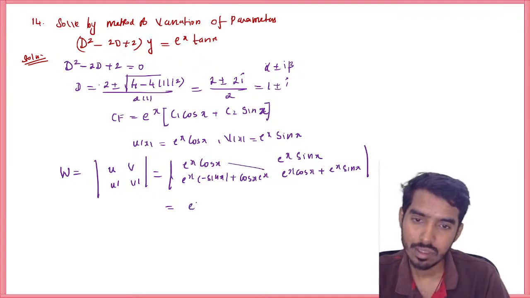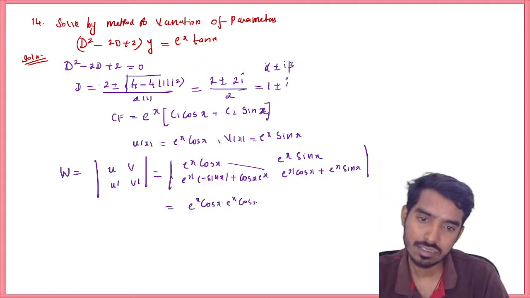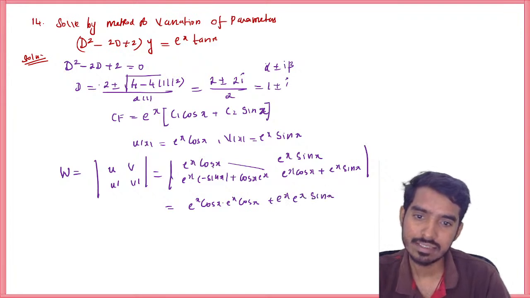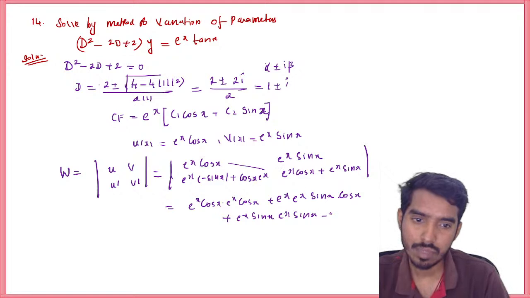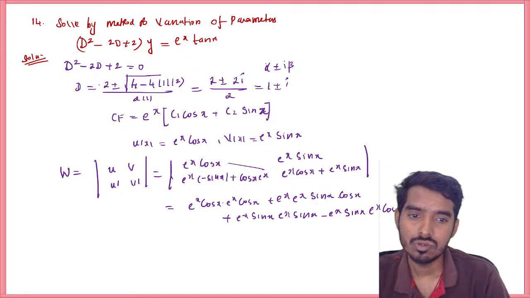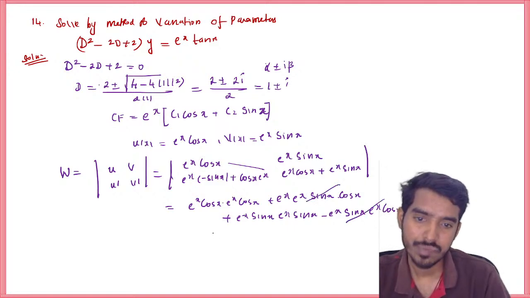We will have e^x cos x, e^x sin x, right? The terms get cancelled.